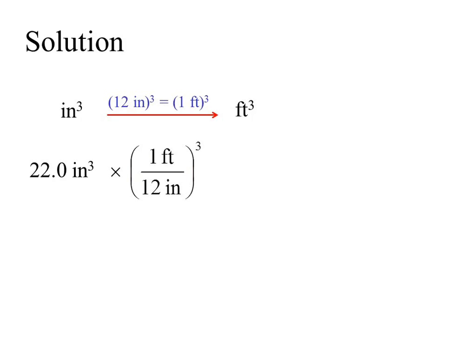You can see the route I went: 1 foot over 12 inches raised to the 3rd power. I would have to get a calculator and do 12 times 12 times 12, or 12 caret 3, to get what that is. Rounded to 3 significant figures, this is what you'll get: 0.0127, and the units will be where you want them to be, feet cubed.